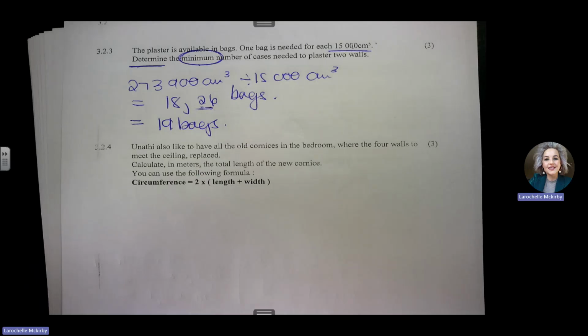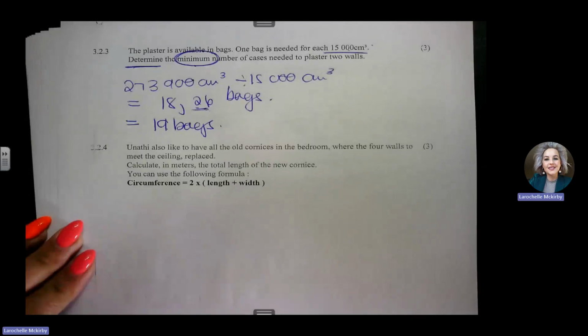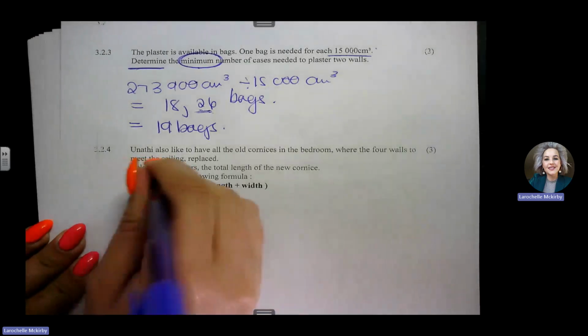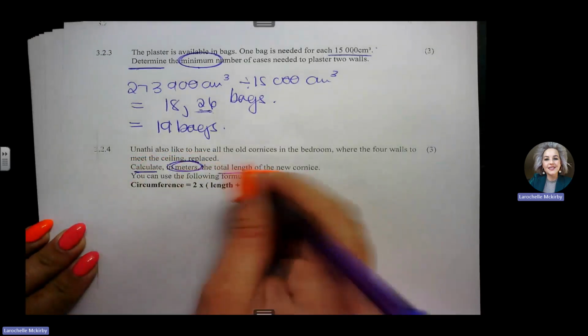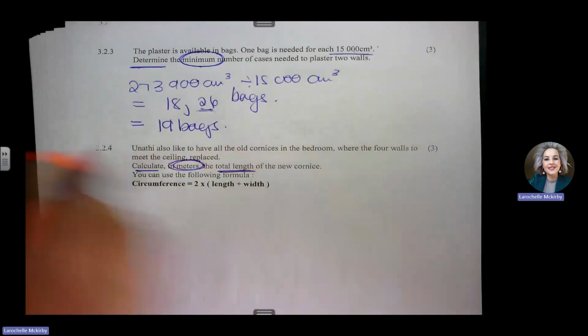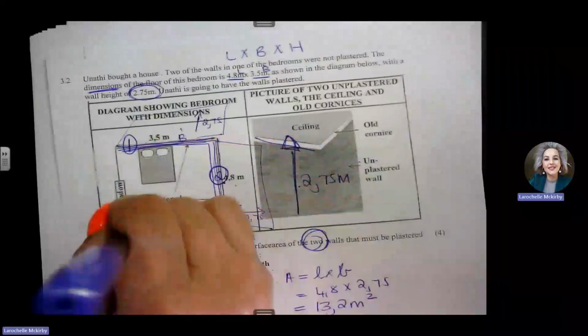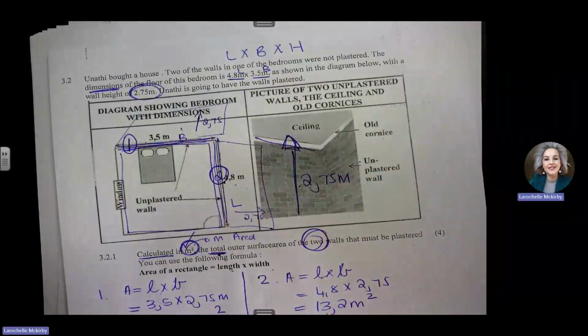From measurement, let's see the last sum here. 3.2.4. Unati would also like to have the old cornices in the bedroom where the four walls meet the ceiling replaced. Calculate in meters the total length of the new cornices. Now, people, that is the cornices and it goes right around the room. So she wants to calculate the length.